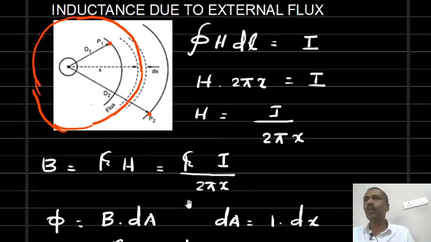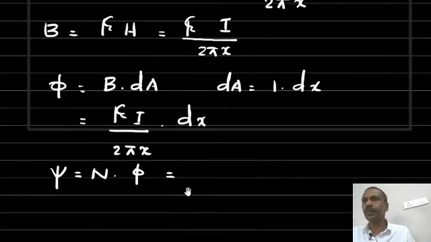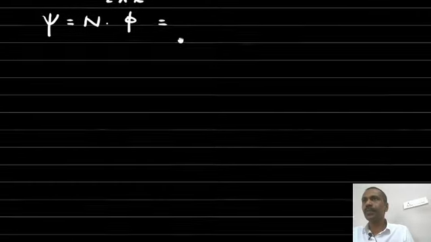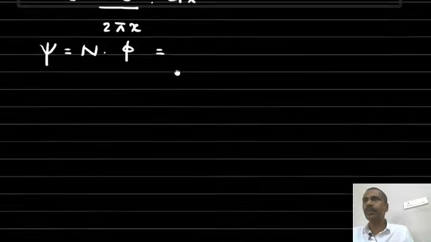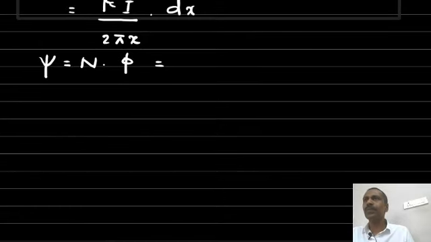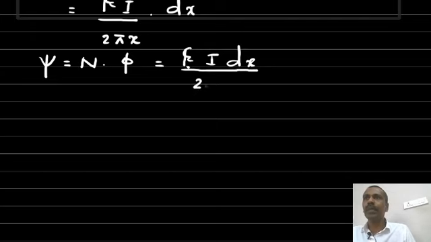So n is equal to 1. So 1 into mu I dx divided by 2 pi x. This is the flux linkage within the strip we considered.